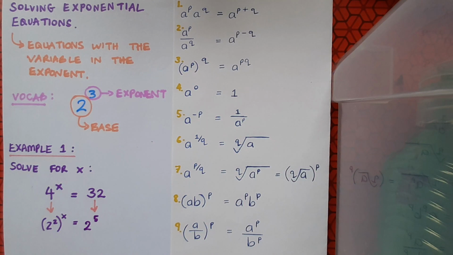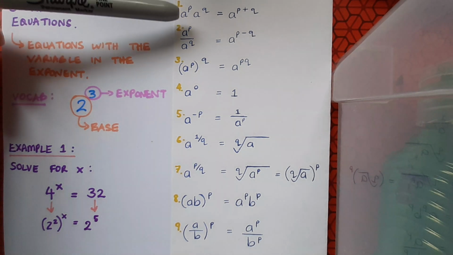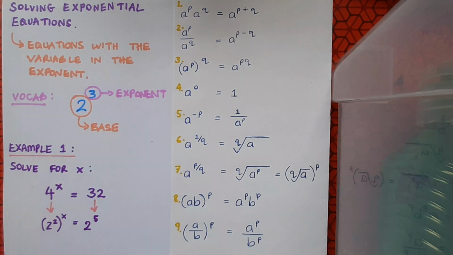Okay, so now I've got the same base throughout my equation. That's really important to be able to solve an exponential equation. But I also need to have just one simple term on each side of my equation, because that will then allow me to get rid of my bases completely and just work using my exponents or indices. So I have to look at my equation and see, are there any of the rules of indices that I can apply at this stage? I see, for example, that I've got 2 squared to the power of x. Looking down through my rules here, do any of those look like they might be the appropriate one to apply?